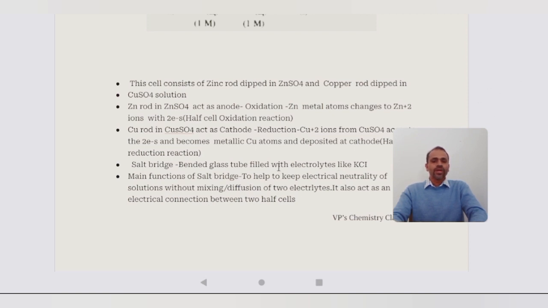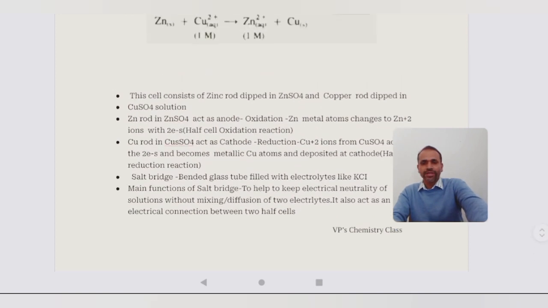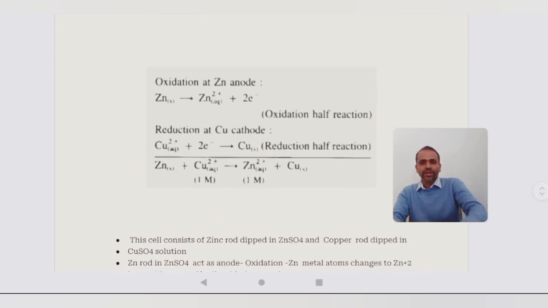One half cell is the oxidation half cell, the zinc rod dipped in zinc sulfate. The other part is the copper rod dipped in copper sulfate. So there are two half cells. The salt bridge keeps electrical neutrality between the two electrolytes and also acts as an electrical contact.